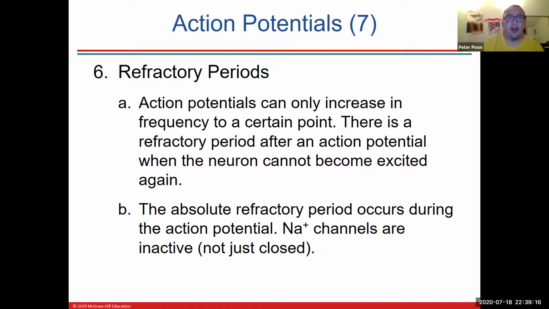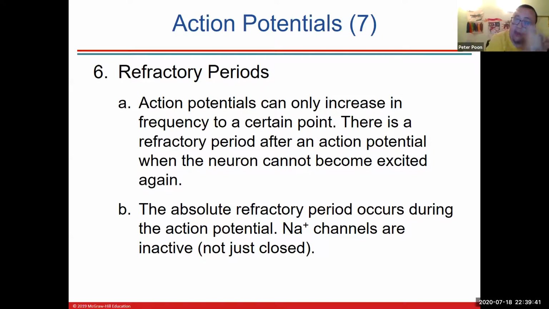All right, the refractory periods. Action potentials can only increase in frequency to a certain point. There is a refractory period after an action potential when a neuron cannot become excited again. This is an absolute refractory period that occurs during the action potential. So the sodium channels are inactive, not just closed.